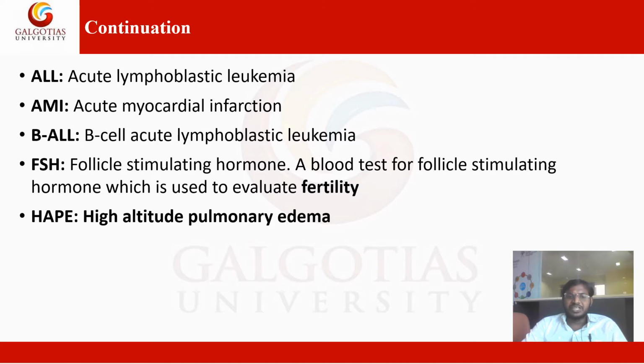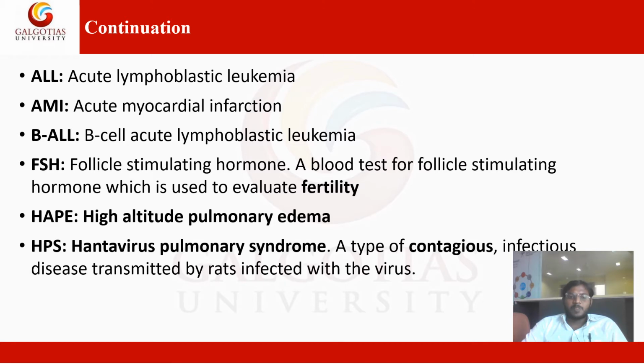Next one, HAPE: high altitude pulmonary edema. It is related to the pulmonary system, like the lungs. People staying in high altitude areas like Uttarakhand, the Himalayas, and Jammu and Kashmir are mostly affected. It is called high altitude pulmonary edema.